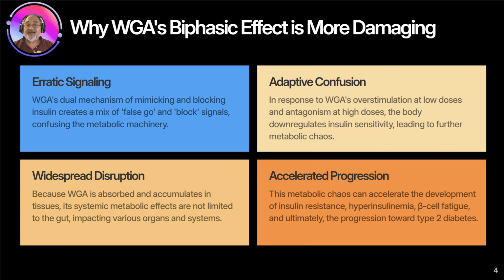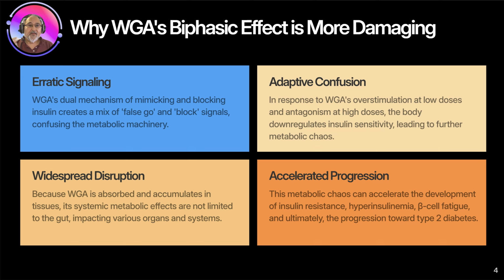This metabolic chaos can accelerate adipose tissue inflammation, inflamed fat tissues. Yes, your fat tissues can get inflamed, which impairs the entire body. Impaired glucose uptake, which means that you're not getting the energy from the glucose you're eating. Go see my video on your cells are starving.